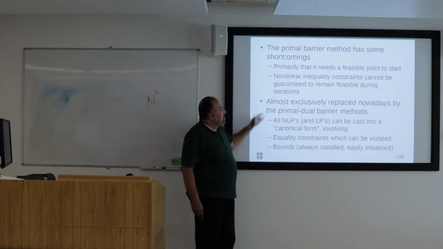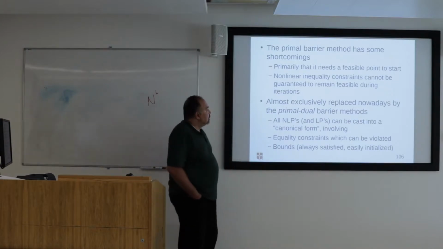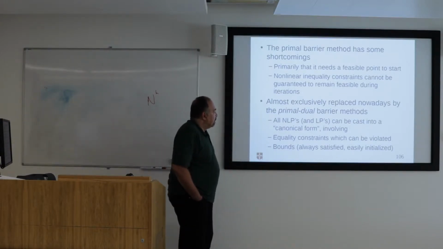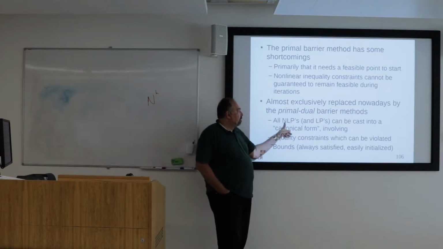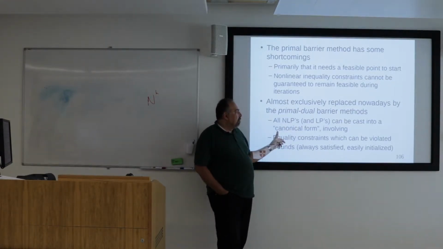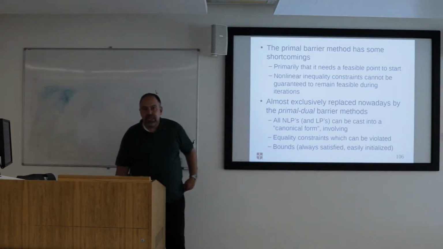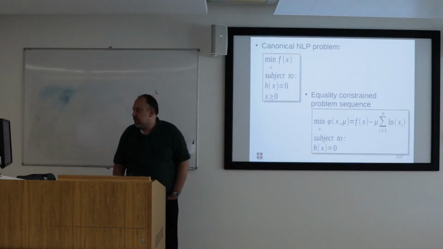And almost exclusively nowadays, what we find in practice is Primal-Dual barrier methods, where all nonlinear programming problems and linear programming problems can be cast into canonical form, involving equality constraints, which may be violated, and bounds, which are always satisfied and easily initialized.